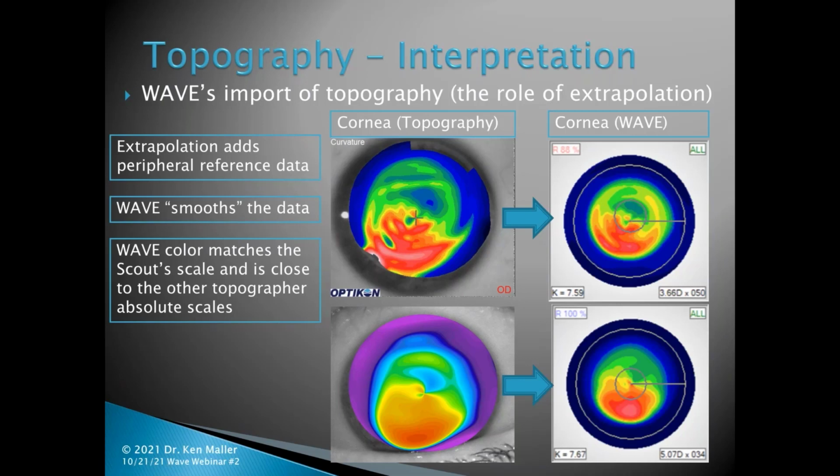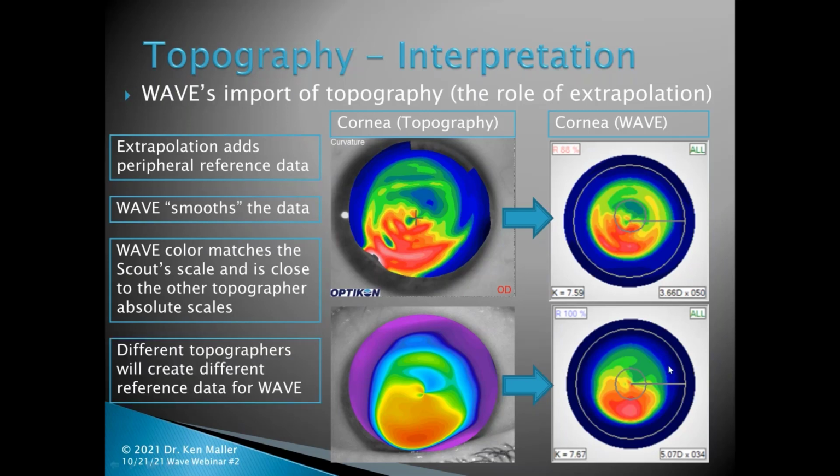But the absolute color display for the topographical map will be the closest one to the corneal interpretation that wave displays on its color map. Different topographers will create different reference data for wave, and we did see that in the fact that we have a much quicker flattening out here on the Pentacam data than we did on the Scout data.